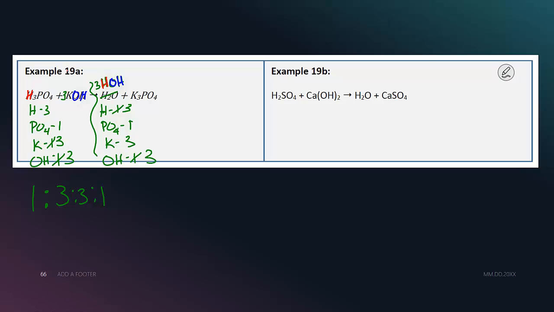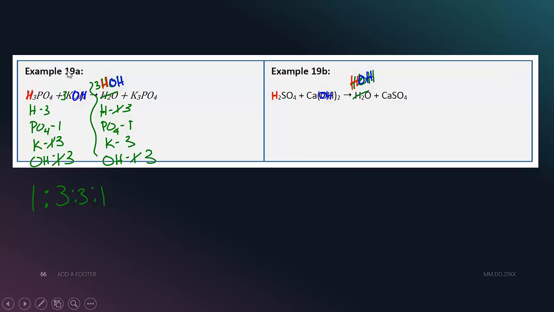So again, remember that acid-base reactions always produce water and some salt. So water, which can be rewritten as hydrogen hydroxide. The hydrogen from water comes from the acid. The hydroxide comes from the base.